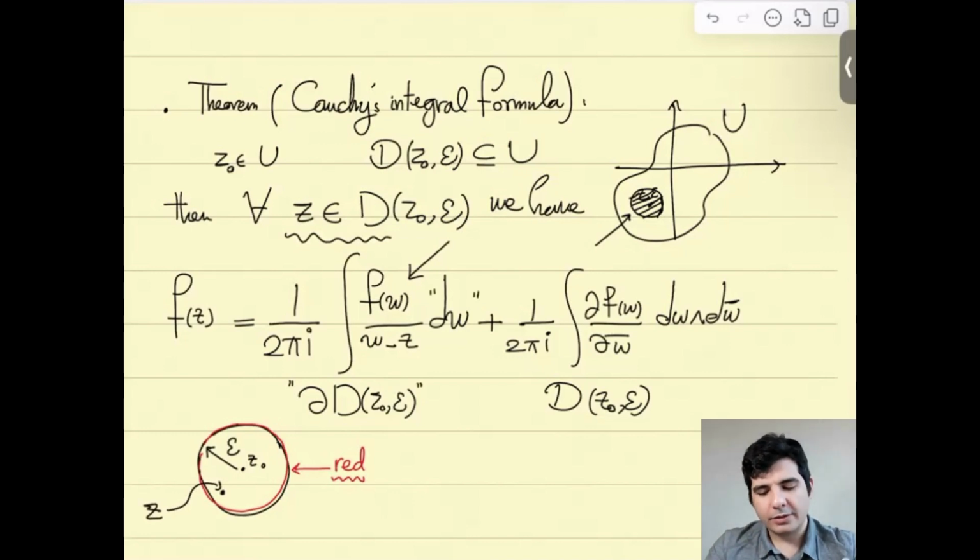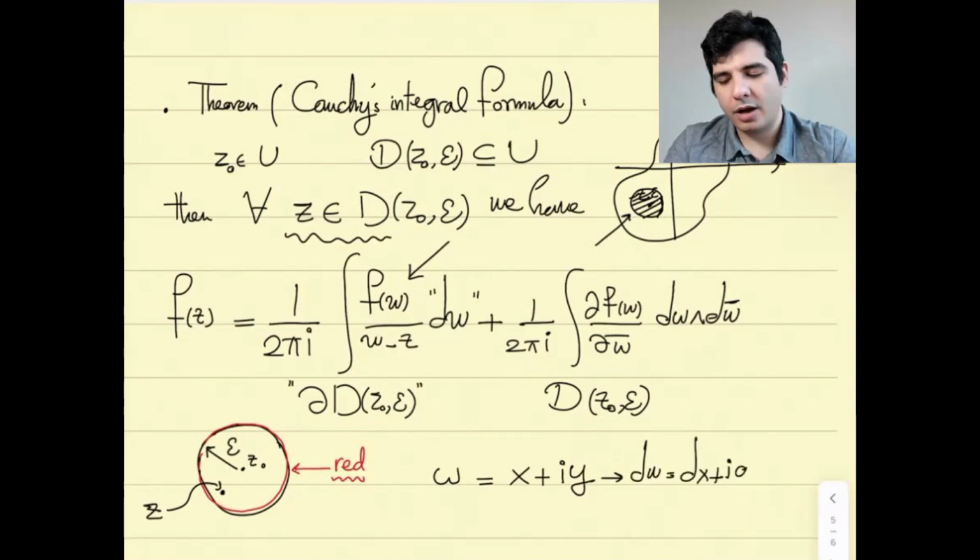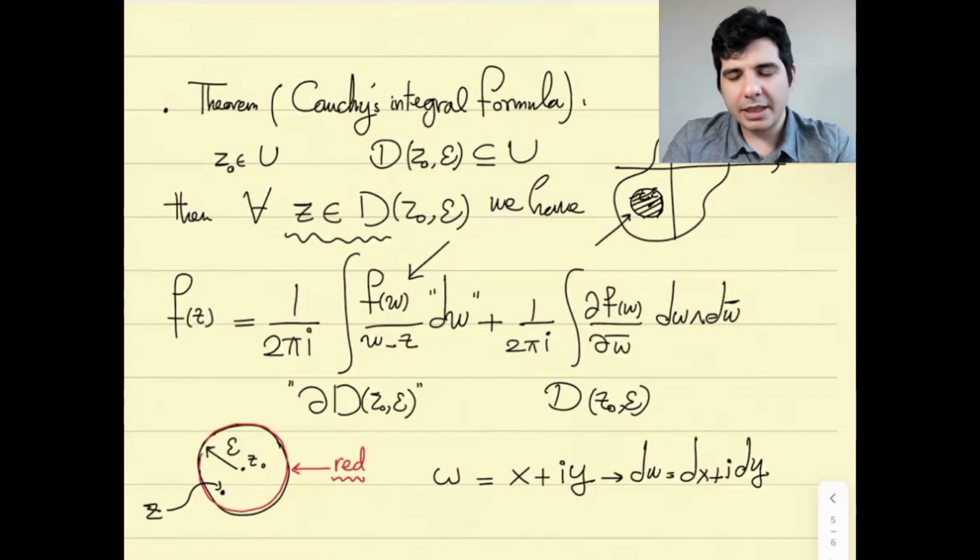What is dw? w here is our complex variable, just like z would be x plus iy, and dw would be dx plus i dy. Remember, in real calculus, we used to take the integral of f(x) dx from a to b. This is the same; here we have the complex version.